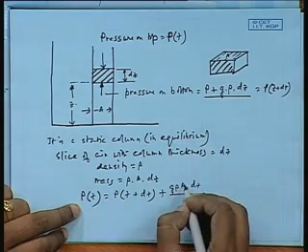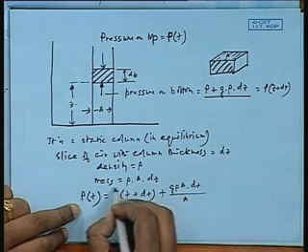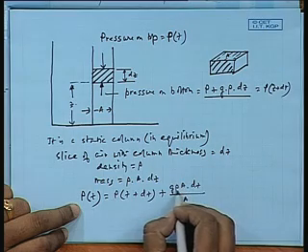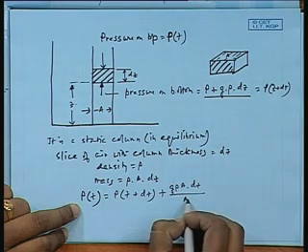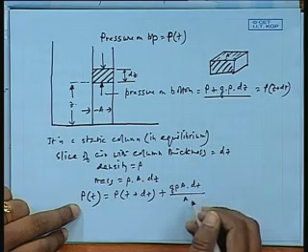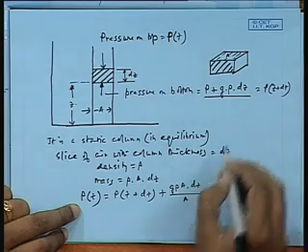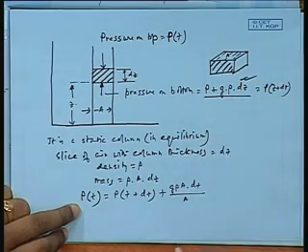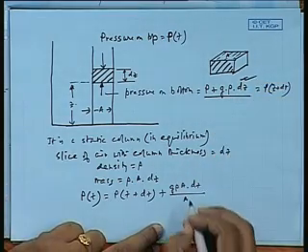Since it is multiplied by mass here, the mass into g is the weight, divided by A. So A cancels here. It is not necessary, you can very well write this equation also here. So this one also can be written like this.